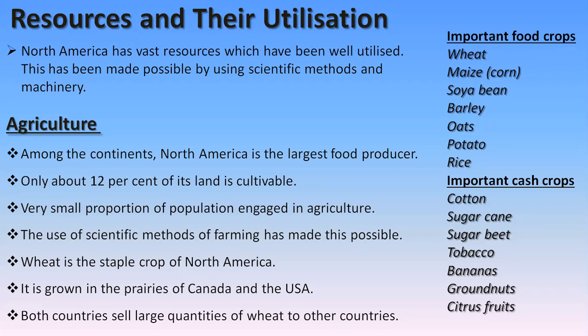Wheat is the staple food, which is grown in the prairies of Canada and USA. A major part of the wheat is exported to other countries. Some of the important food crops we saw are wheat, maize, soybean, barley, oats, potato, and rice. Cash crops like cotton, sugarcane, sugar beet, tobacco, banana, groundnuts, and citrus fruits are also grown in North America.